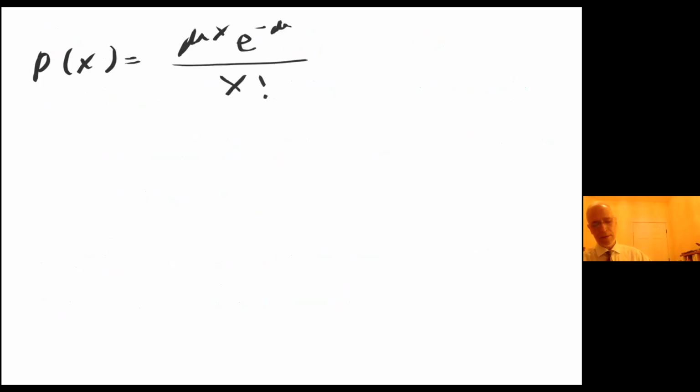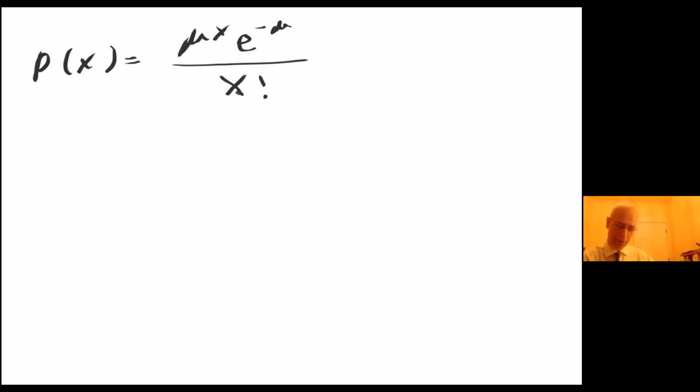We know that P of X equals mu to the X, e to the minus mu, over X factorial, with the understanding that mu is the mean and X is the one that we are looking for.